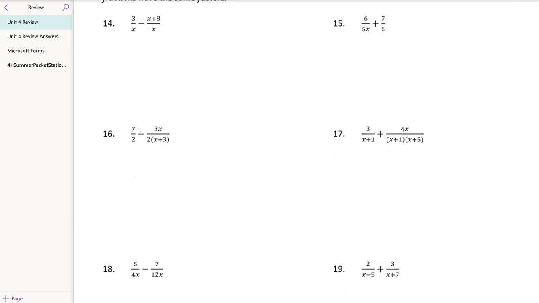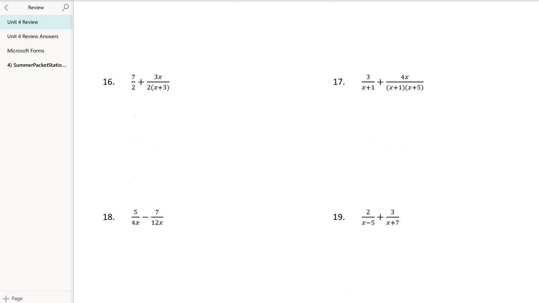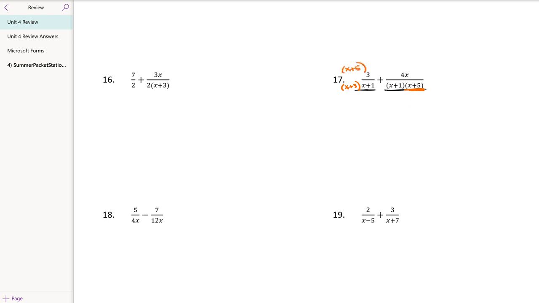Okay. Common denominators. Best thing to do is to find out what you're missing. They all should be the same thing. So here, I'm missing an x plus 5. And so I'm going to take this and multiply it by x plus 5 over here. And I'll do the same thing up top. So now my common denominator is x plus 5 times x plus 1.